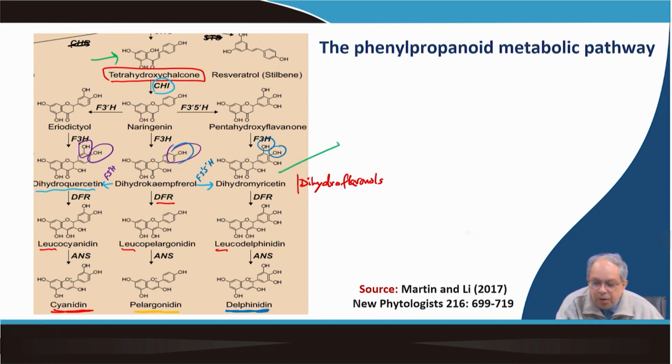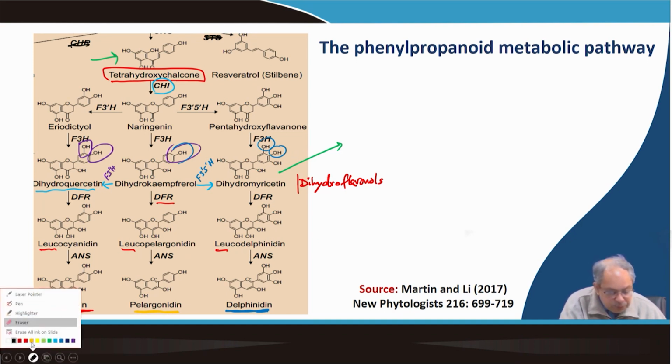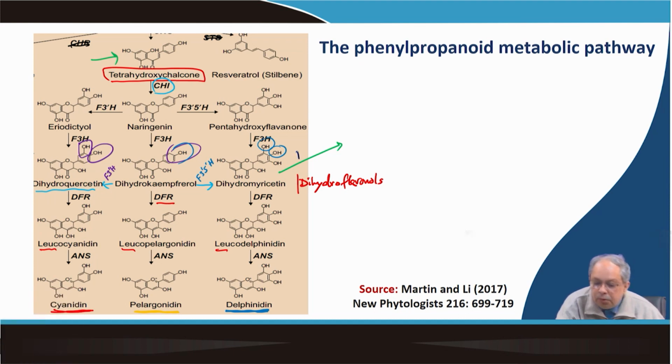So, for example, this one by the action of flavonol synthase, FLS, will be converted into quercetin. Dihydroquercetin will be converted into quercetin. So, quercetin means if we draw the structure, it will be like this.